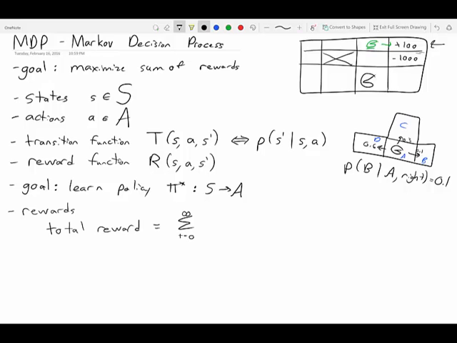We assume the agent is always playing, and at every time step the agent gets a reward. However, we actually might prefer rewards that are sooner, because a reward at time 0 might be more important than a reward at time 1000.